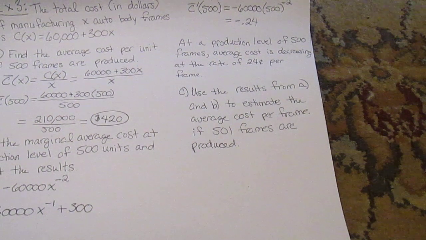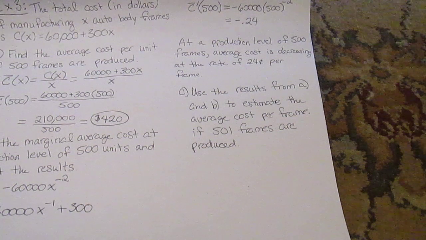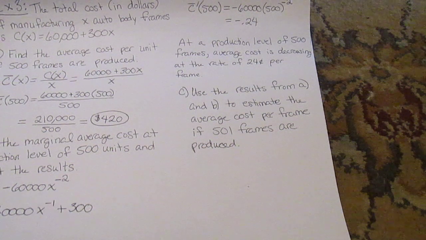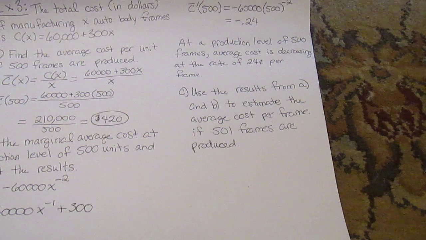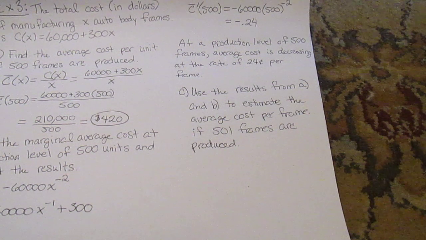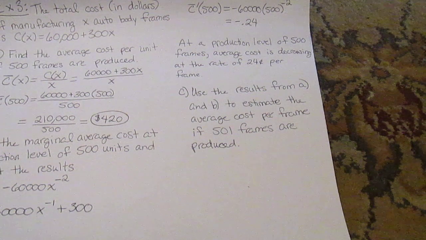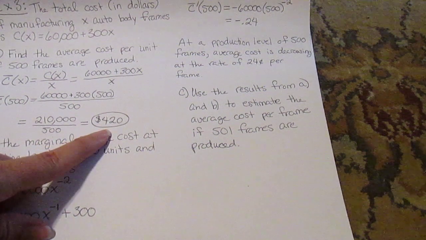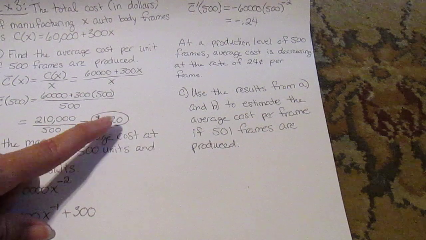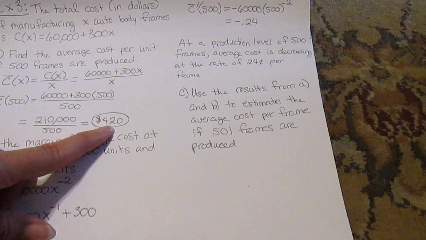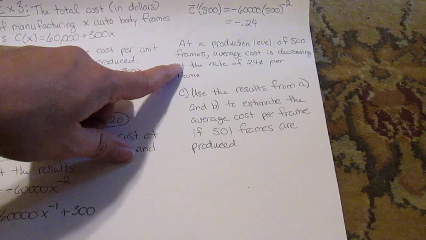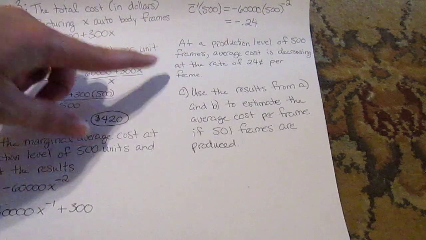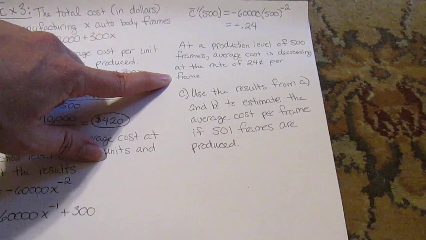And then part C: use the results from A and B to estimate the average cost per frame if 501 frames are produced. We found the average cost per unit of 500 frames, and then we said that at a production level of 500 frames, the average cost is decreasing at the rate of 24 cents per frame.